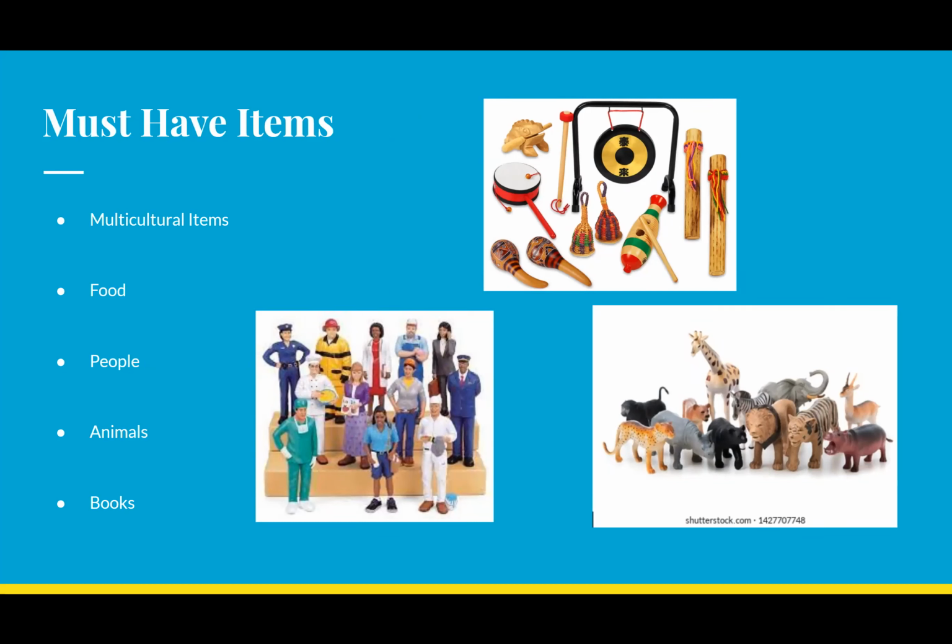So maybe we have some sea animals, some safari animals, or farm animals. And then also in our books too, we want to make sure that we have a variety of different types of books that we're reflecting different type of people, cultures, ages, abilities. We just want to have a variety of everything in every center.